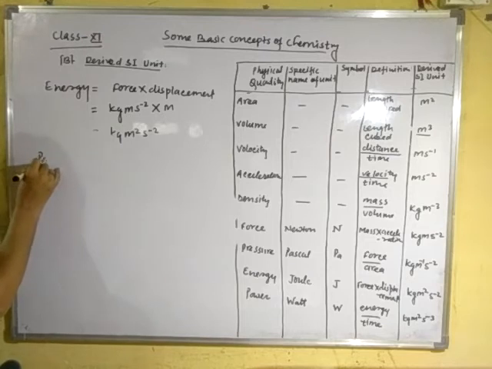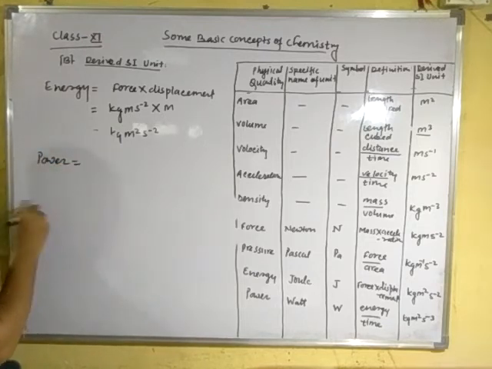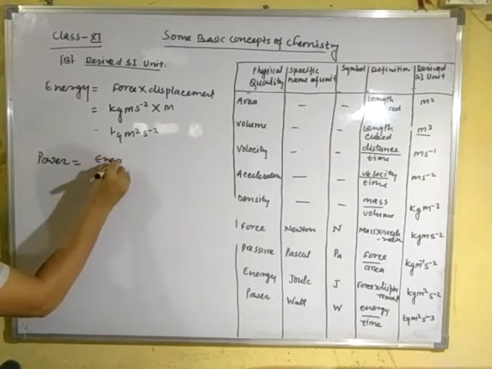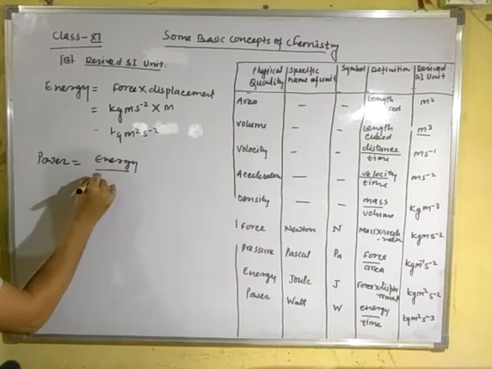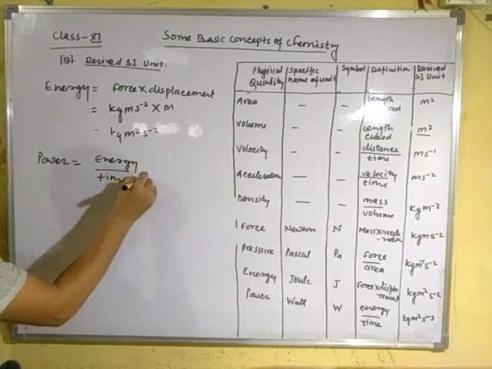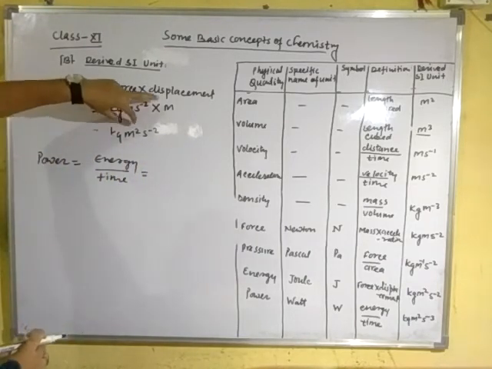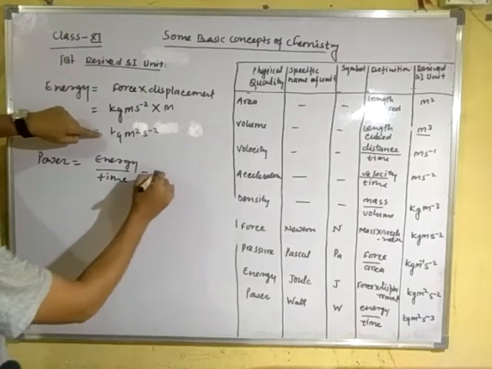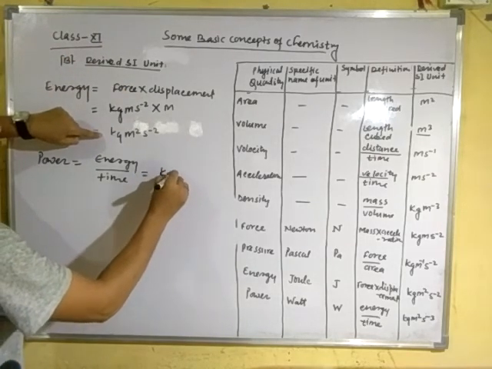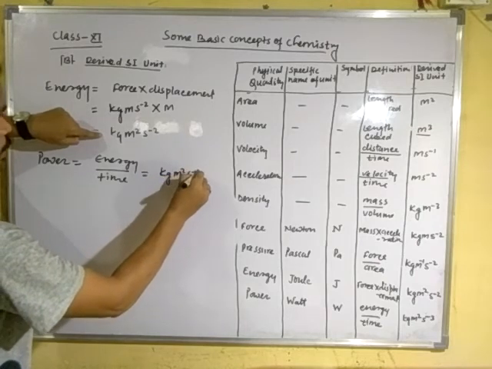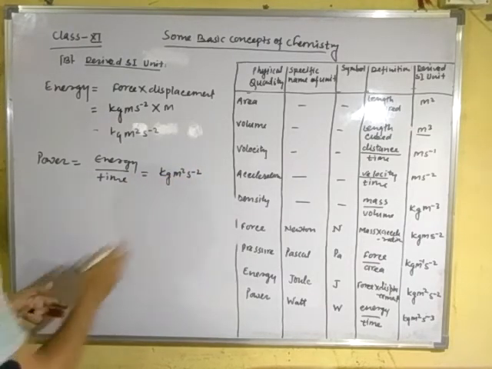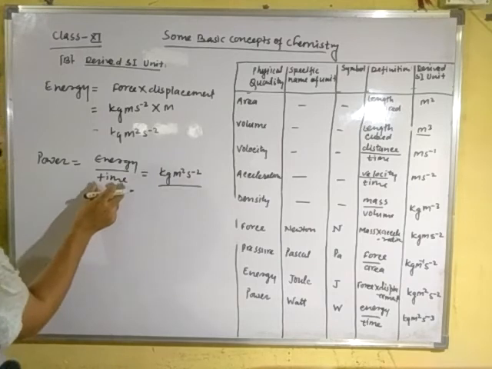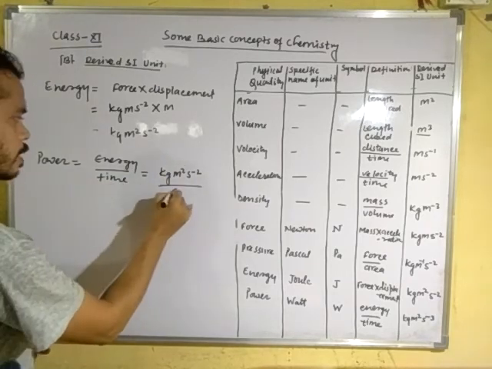Power is equal to energy per unit time. That means we have already found the SI unit of energy, kilogram meter square second power minus 2, upon time. The SI unit of time is always written in second.